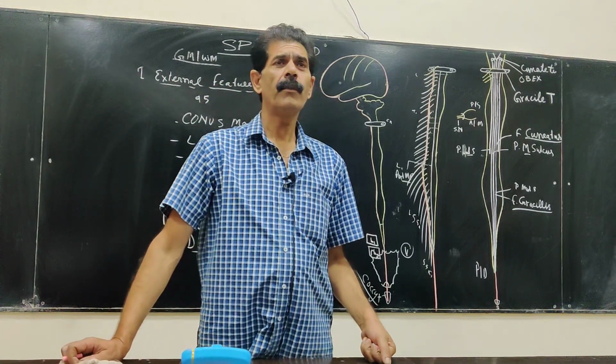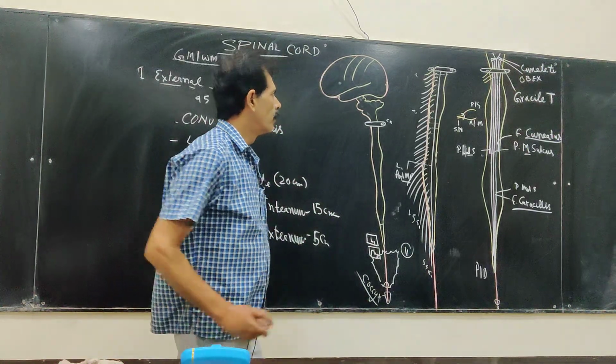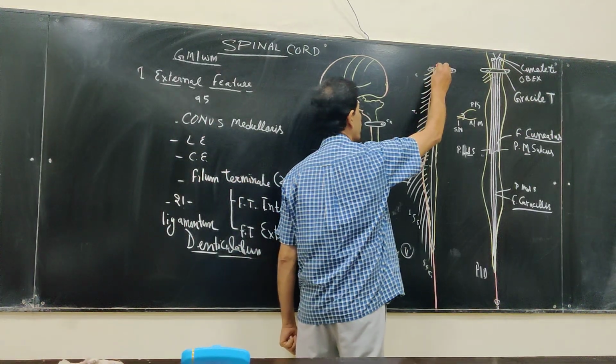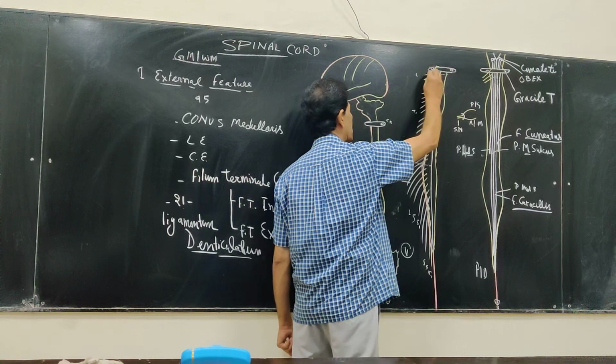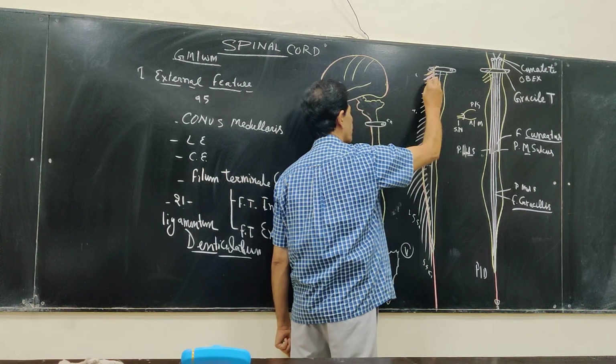Up to what? Up to the intervertebral foramen. So through the intervertebral foramen, some of the pia mater is extended along the spinal nerve and gives it some protection.